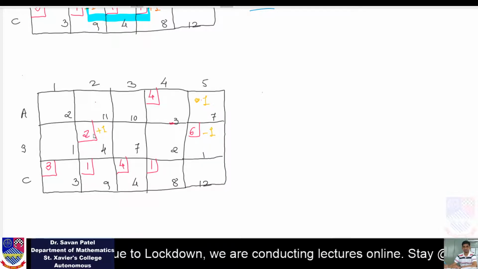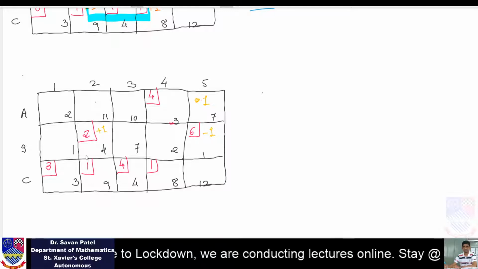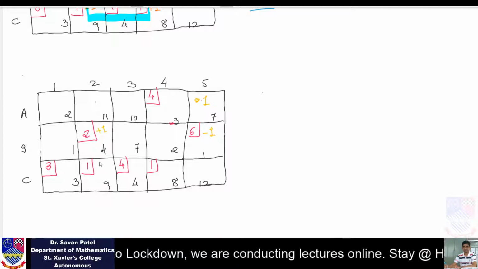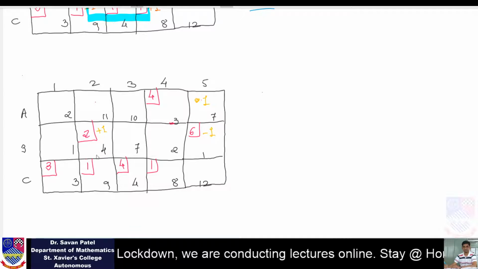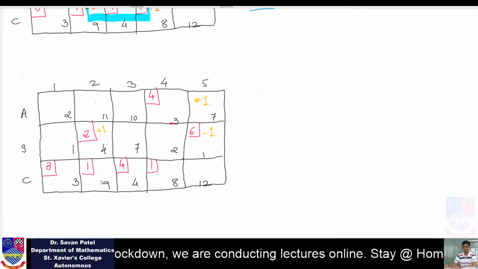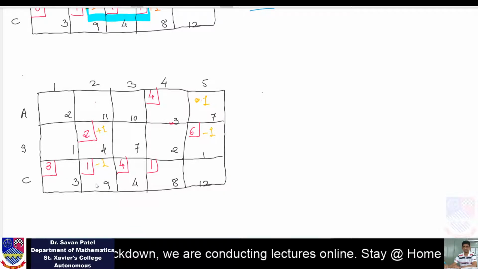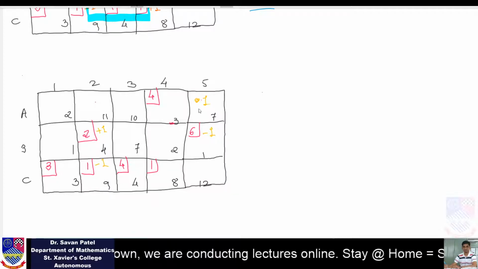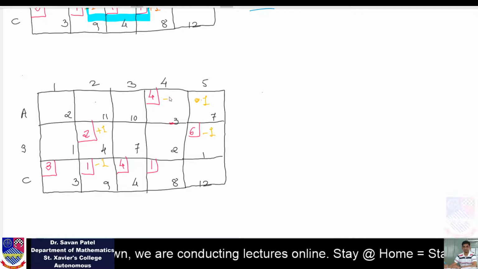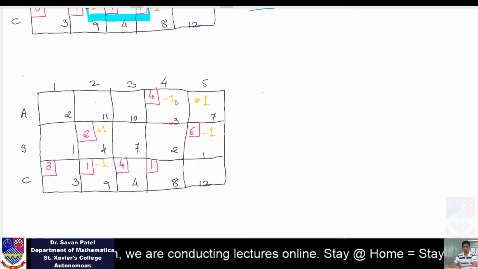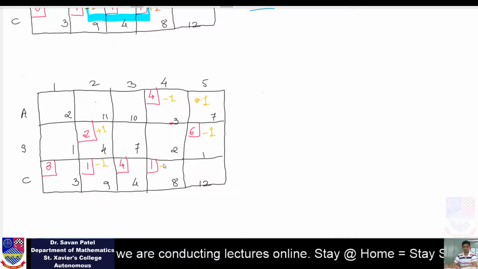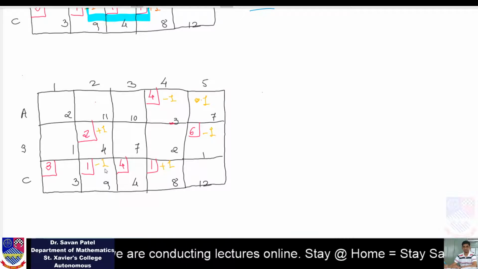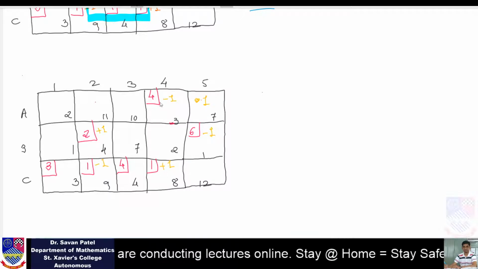To sum this, as in the previous situation, 3, if I have added 1, I have to subtract 1 unit here. See here also, I have added 1 here, so I have to subtract 1 unit here. If I have subtracted 1 unit here, I have to add 1 unit here, and since here it is subtracted and this is added, everything is clear.